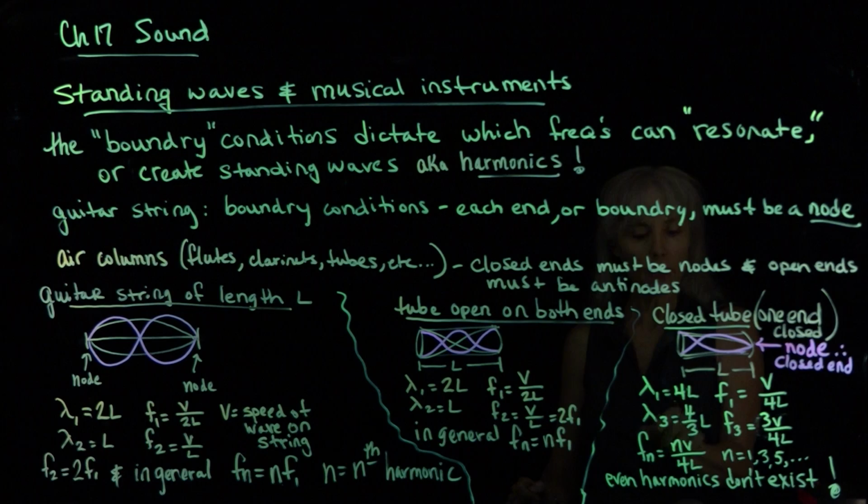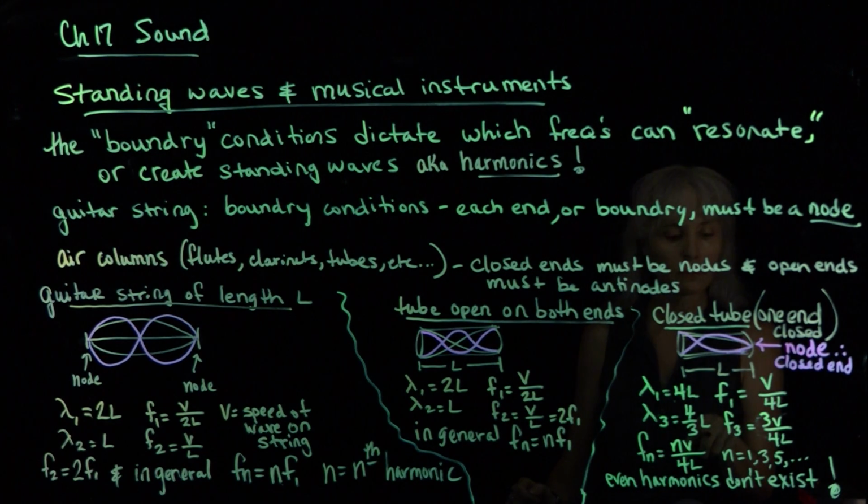So the wavelength of the third harmonic that oscillates is 4/3 the length L. So the corresponding frequency of the third harmonic then is going to be the wave speed divided by this wavelength, and I flipped the 3 up into the numerator because it was in the denominator of the denominator.